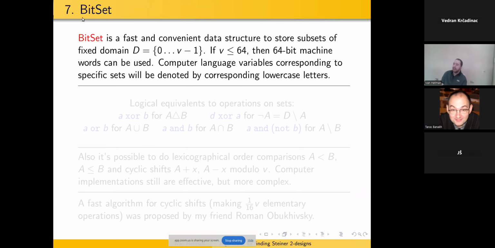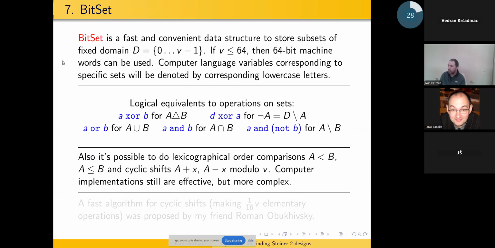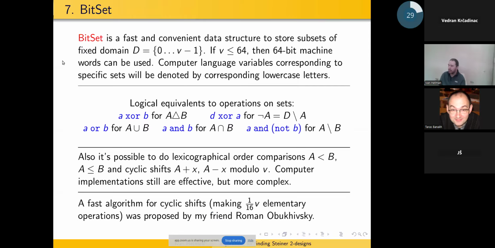What I need from the previous part is a structure, the bit set, that is widely used in computers. A bit set is just an array of machine words, and using this array you can quickly find, for instance, unions, intersections, differences between the sets, do lexicographical comparisons, and so on.